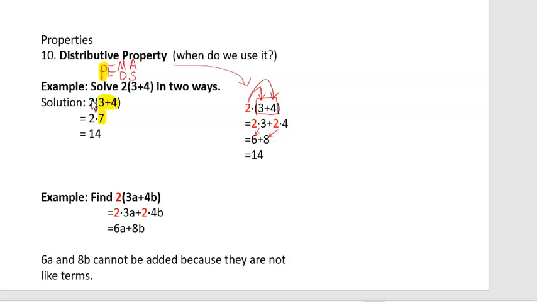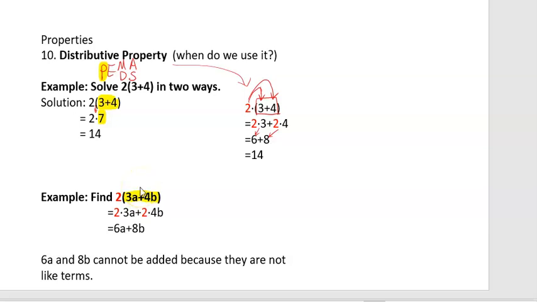If we follow the order of operations, we're supposed to combine 3a plus 4b first. With numbers 3 and 4, we can combine them to get 7 and then double 7. But 3a plus 4b, unfortunately, cannot be combined into one thing.